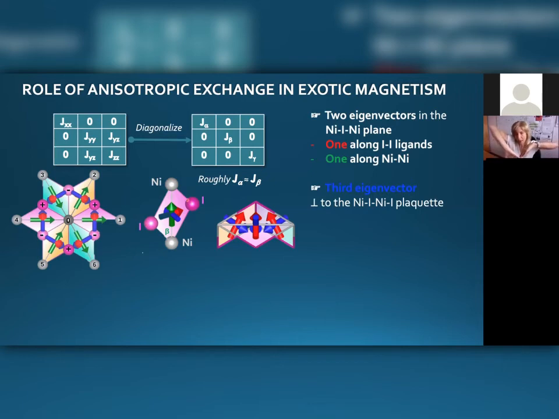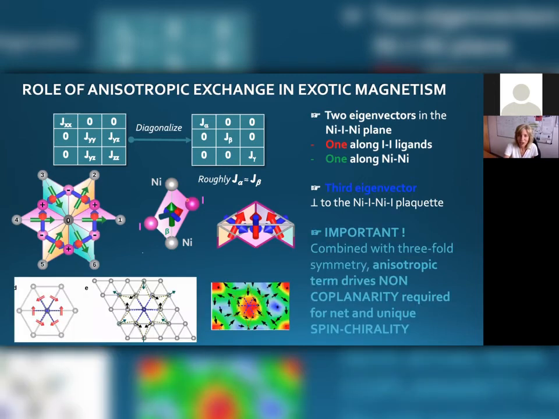These plaquettes are tilted with respect to one another. Since the eigenvector directions are those along which the spin will try to align to gain energy according to the anisotropic exchange, and these plaquettes are arranged in a non-coplanar way, the different plaquettes on my lattice will drive the system towards different orientations.